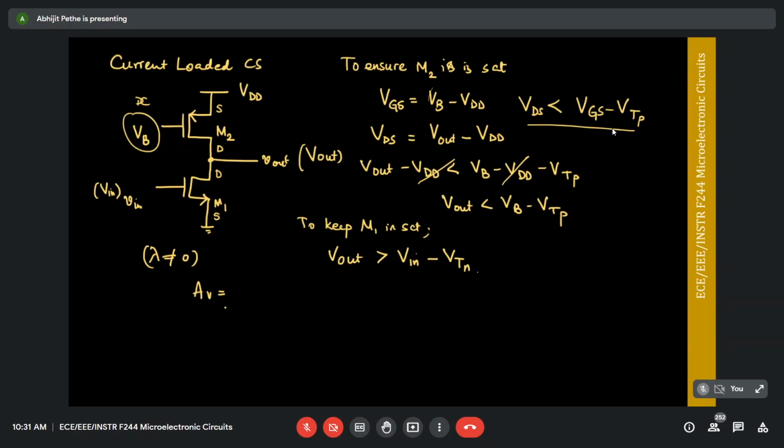Let's again calculate all three. What is the voltage gain of the circuit? What is Rin and what is Rout? Minus gm of NMOS multiplied by ro of NMOS parallel ro of PMOS. Good. Very good. So this is minus gm1 times ro1 parallel ro2.